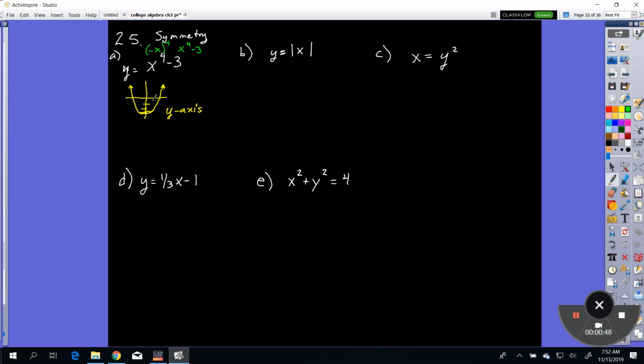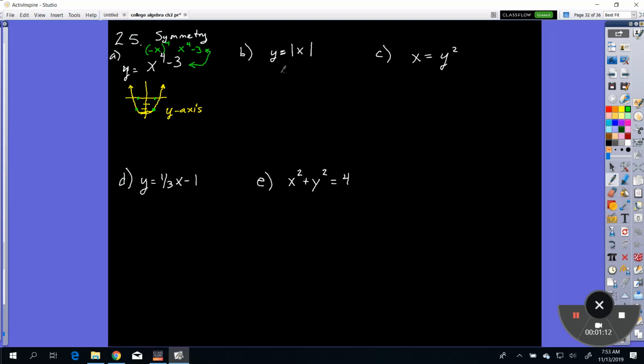Realize what's happening is this negative x is giving you the same y value as the positive x is right here. So that's what this is saying, that a negative x has the same y value as a positive x does. And so when the negative x plugged in gives us the exact same equation as what we started with, we know it's symmetrical with the y-axis.